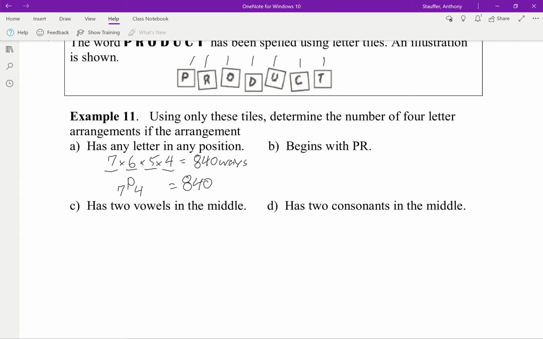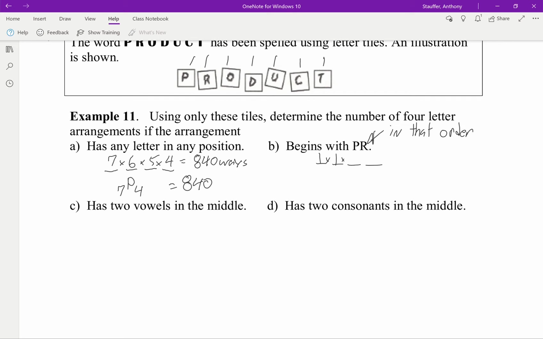Now the next one is if it begins with PR. So I'm going to assume we're saying it begins with PR in that order. So again, what I'm going to get here is my four lines. 1, 2, 3, 4. Since it begins with the P and the R, I only have one possibility for the first and one possibility for the second.